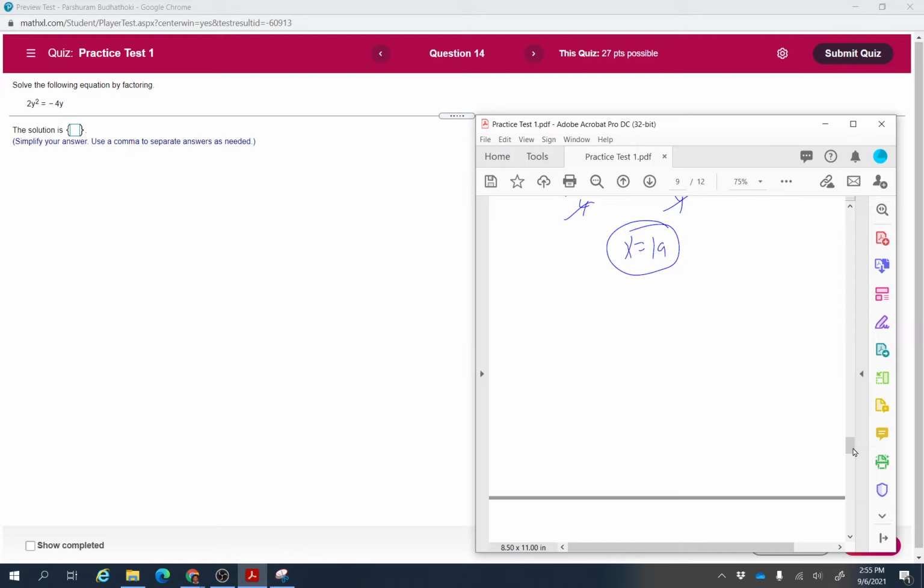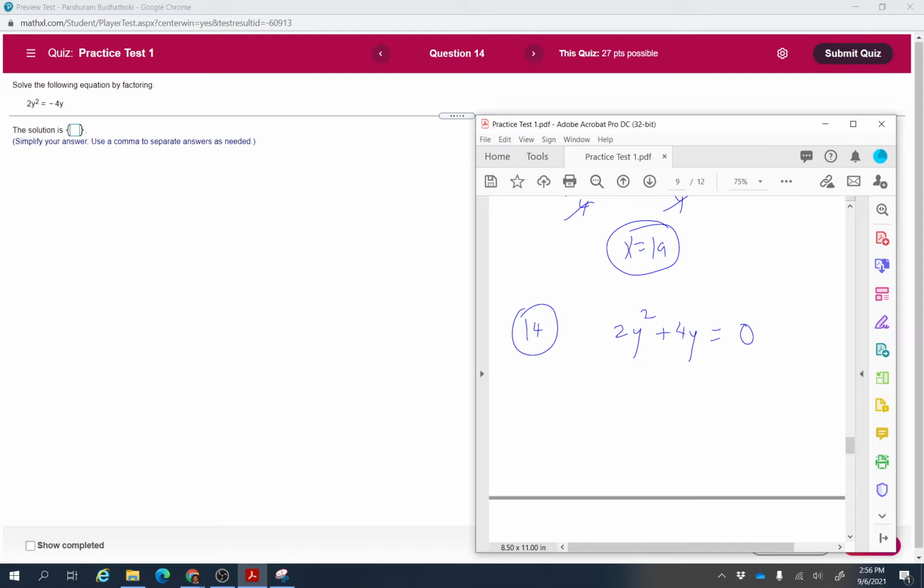To use this approach, you always have to bring everything on the left side and find the factors of the quadratic thing you get on the left side. Problem 14. Bring everything on the left side, so that means just add 4y. There will be 0 on the right side.